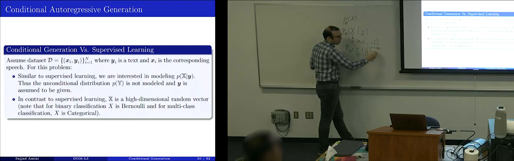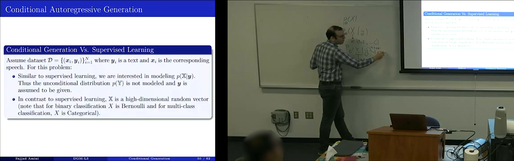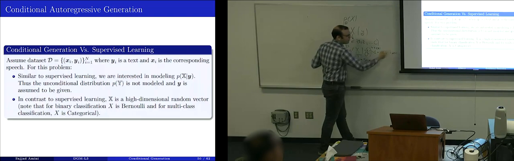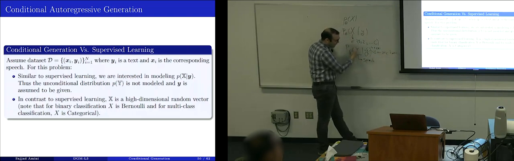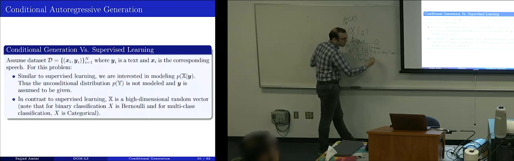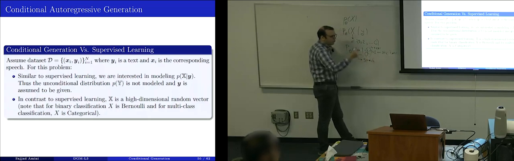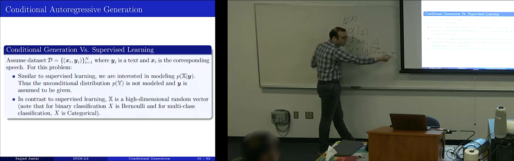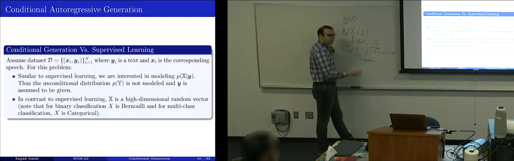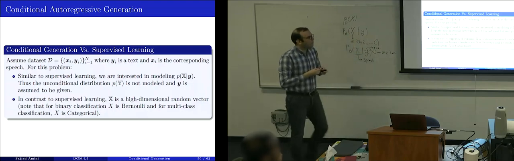This text is, I am going home, for example. This is your text, and the x you want to generate, for example, is a one-dimensional speech. If you play it using your player, someone is saying, I'm going home. So it is a very high dimensional random vector, in contrast to your previous case. Okay.